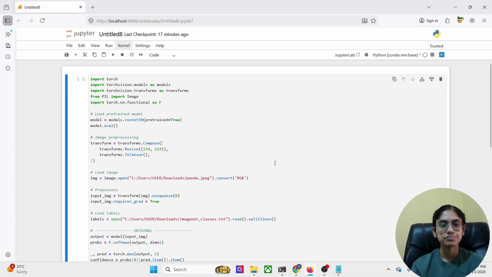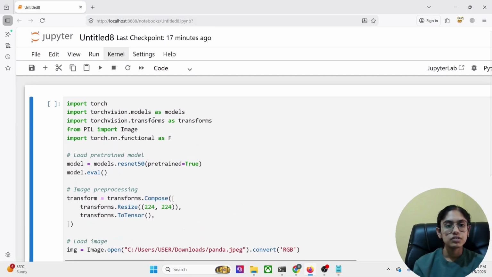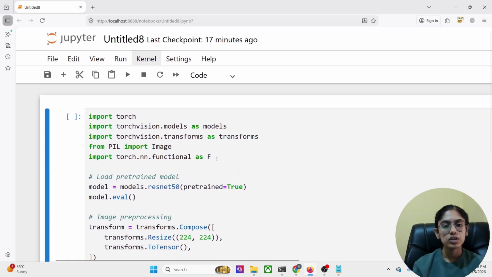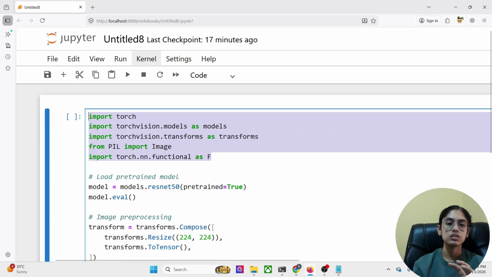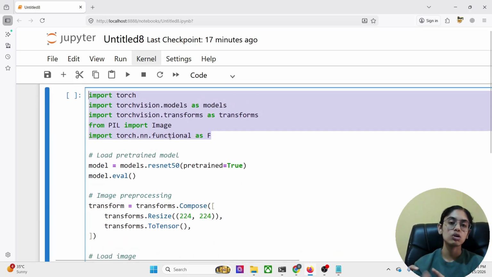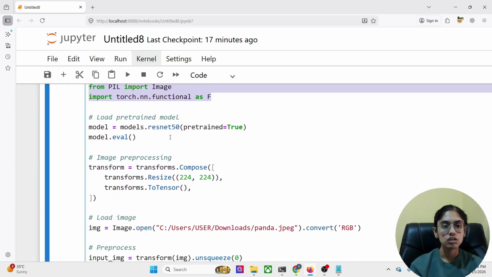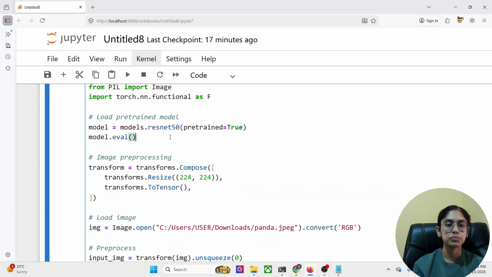So here we will see the code line by line. Here I am just importing the libraries. If you are not aware of these particular libraries, do your own research and you can get the information.